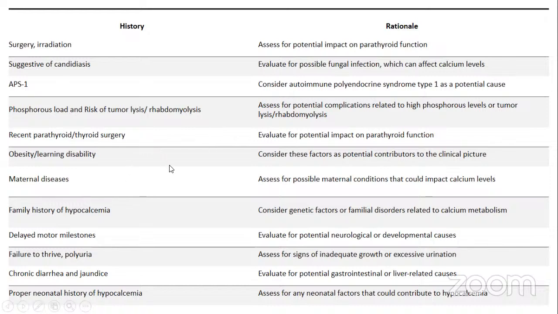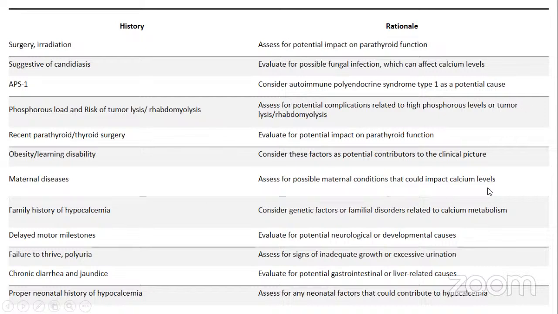We also would want to know if there is history to suggest any excessive phosphorus load to the baby, such as risk of tumor lysis or rhabdomyolysis, which can explain complications related to high phosphorus. History of obesity or learning disability, which can also point towards potential contributors to the clinical picture.